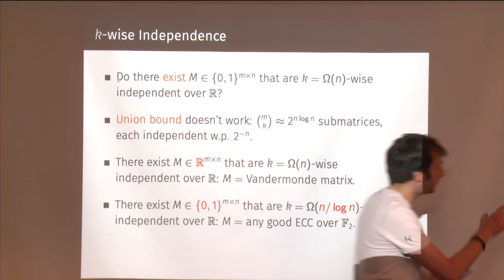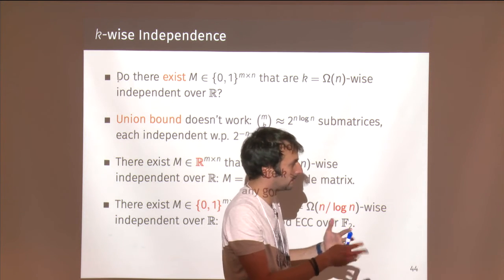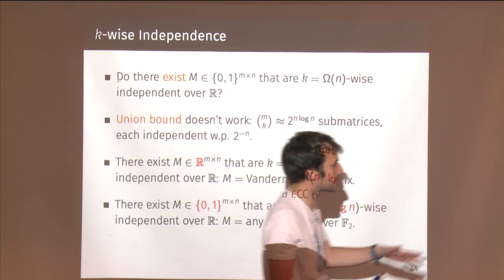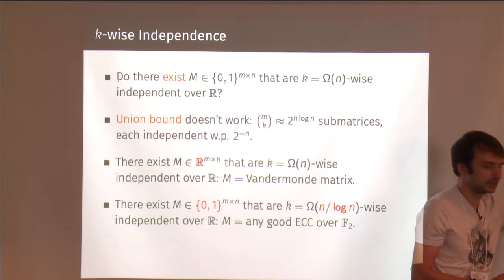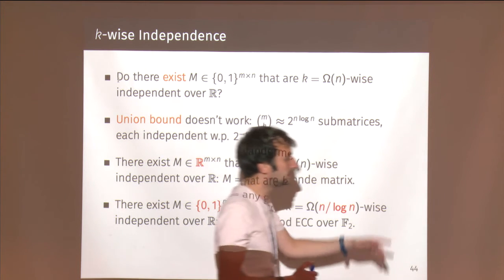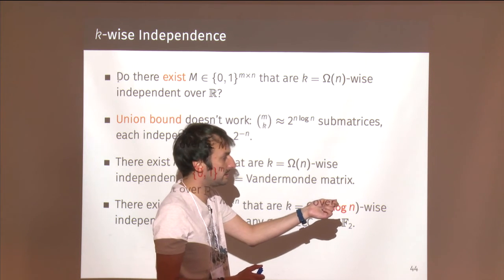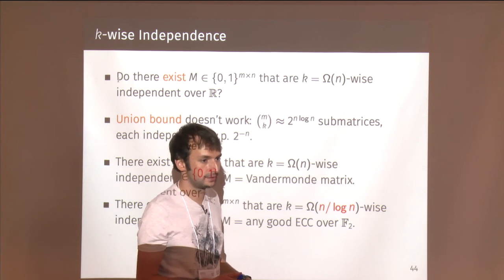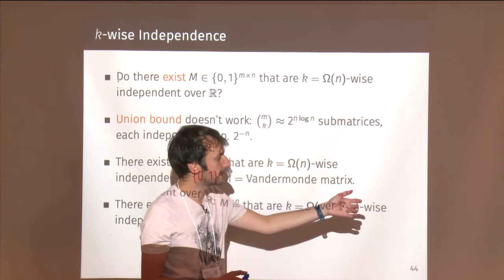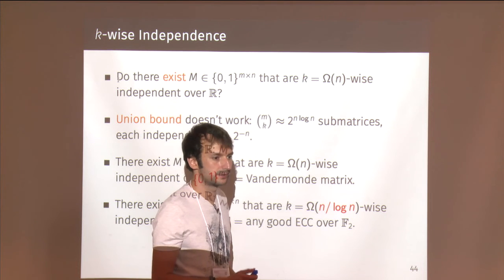This amount of independence you can achieve using the best error correction codes, and Benioff and others prove that this is actually optimal. So if your field has size smaller than, say, polynomial in N, you cannot hope to get n-wise independence. So your field size must be at least, I don't know, square root of n.